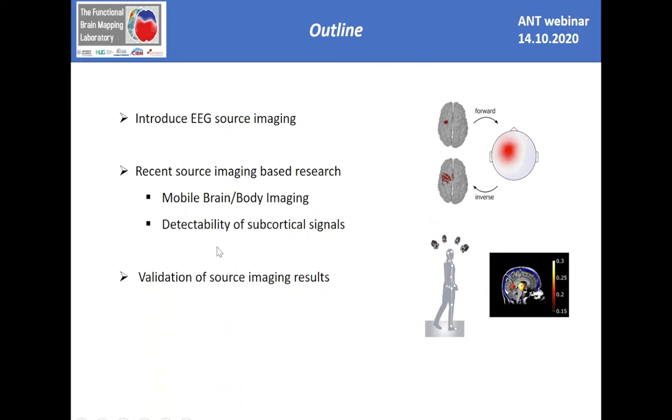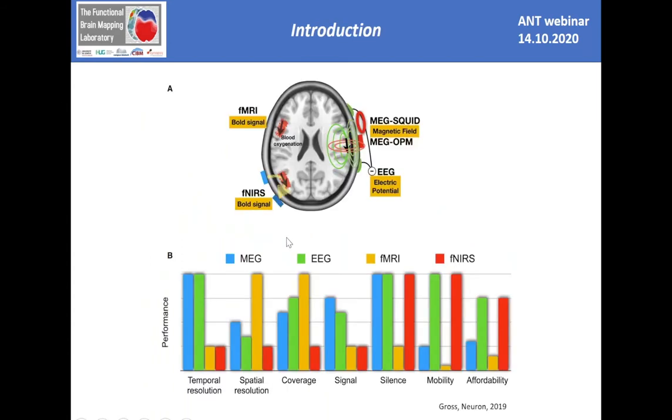And I'm closing with the validation or discussion about validating source imaging results. As you might know, source imaging is only an estimate of cortical activity, so it's important to validate the estimates, right? So first of all, let me talk about EEG in comparison to other non-invasive recording techniques.